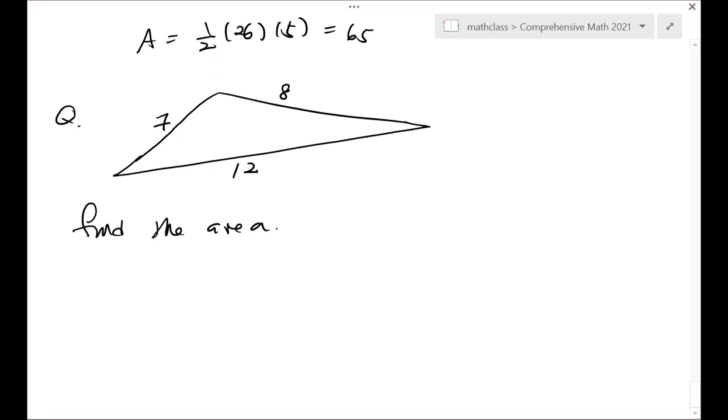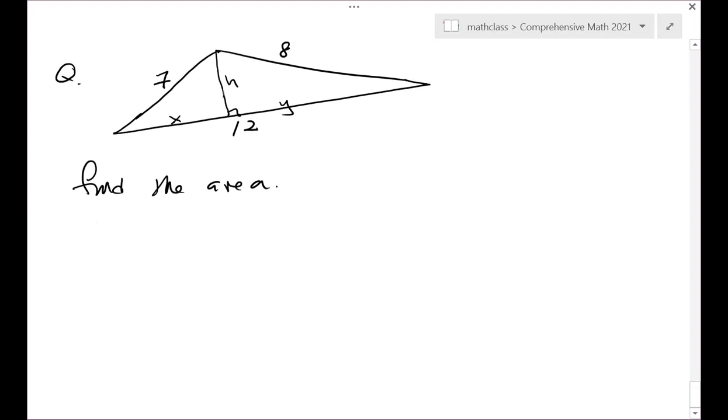Well, you can use the same idea to find the height, but it's not easy to find the height. You draw the line, but it's not symmetric. So this side is x, this side is y, this side is h. If you don't have any other formulas you can apply, then you have to find h, x, y separately.